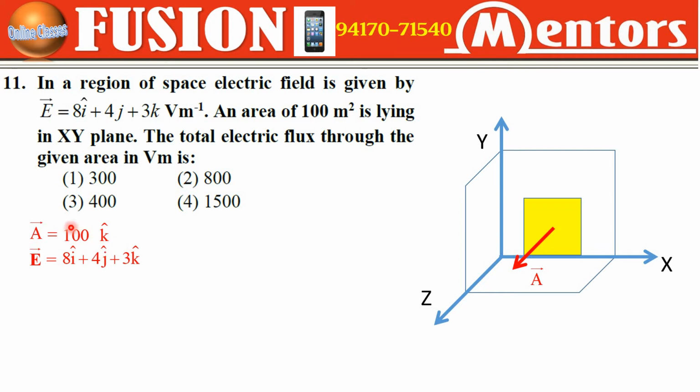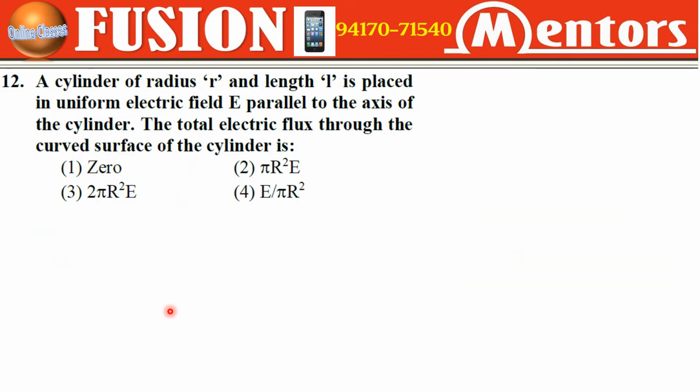You simply have to multiply i cap with i cap, j with j, k with k. So here i cap is missing, j cap is missing, only k cap is there. K cap dotted with k cap is equal to 100 into 3 equal to 300 unit volt meter.